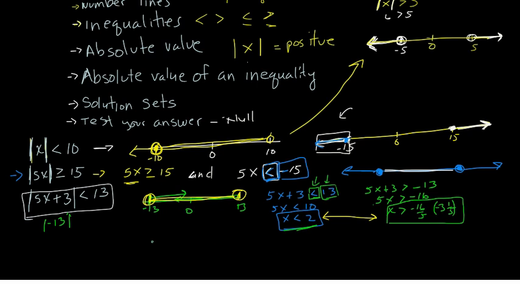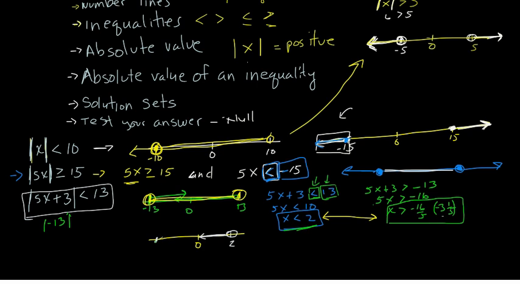So the solution set would be graphed like this. Here's 0, and then on the right side it was x less than 2, so let's say that's 2. So that's open, and it's everything in this direction up to x equal negative 3 1/5.